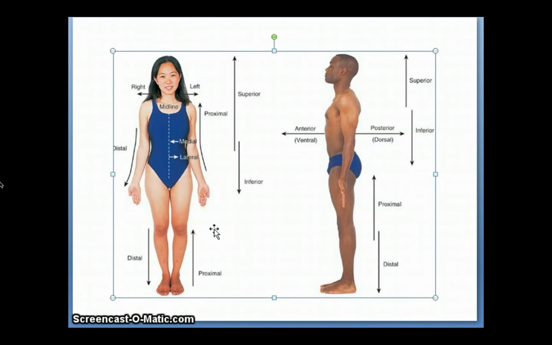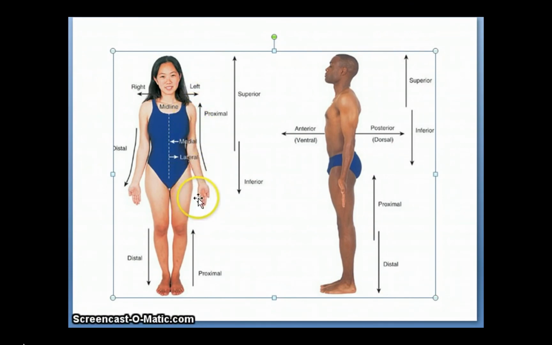You need to make sure you understand this because it will be on every one of your tests. As we go through the different systems, we will use the terms. One other thing I want to remind you of is that you need to make sure you know that you're in the anatomical position. Okay? Anatomical position with the front of the hands facing anterior, facing towards the front. Now this will come into play not as much with proximal and distal, but with medial and lateral.